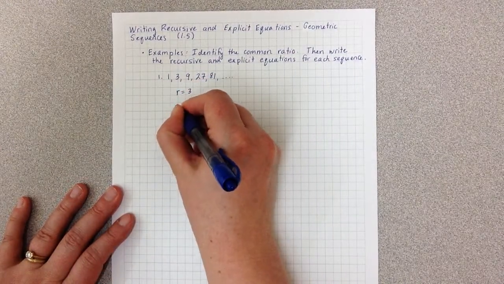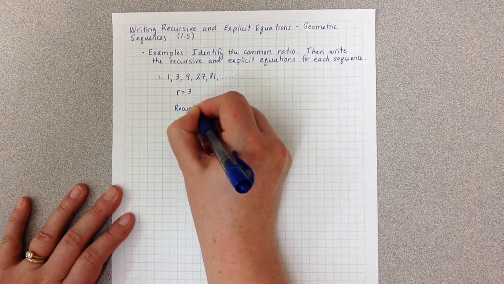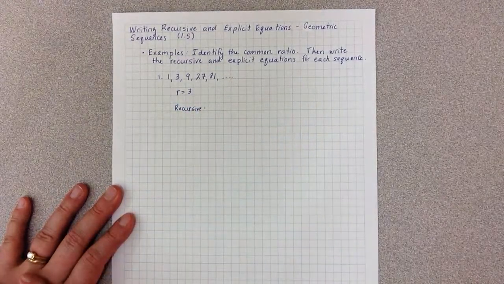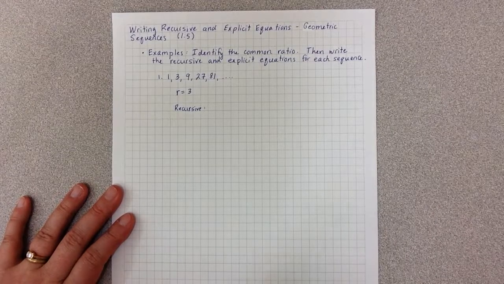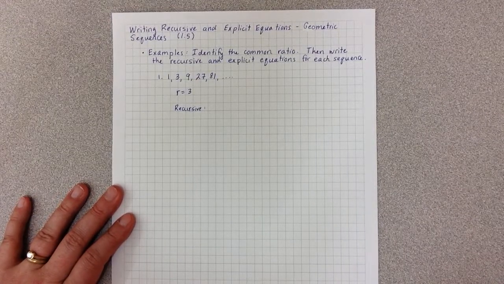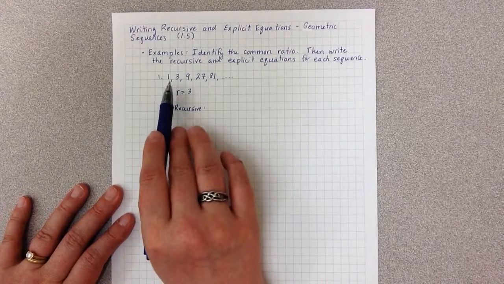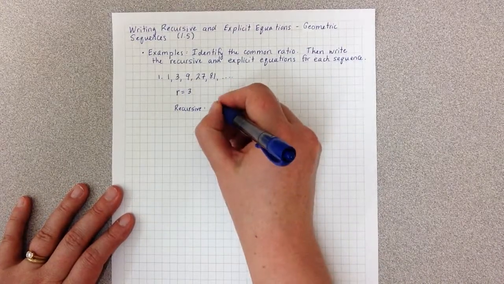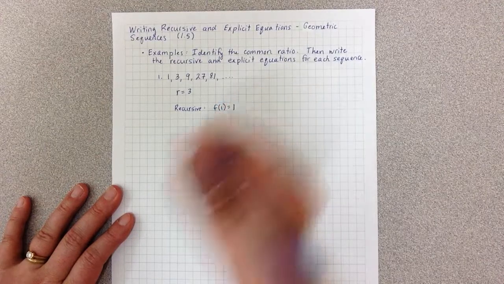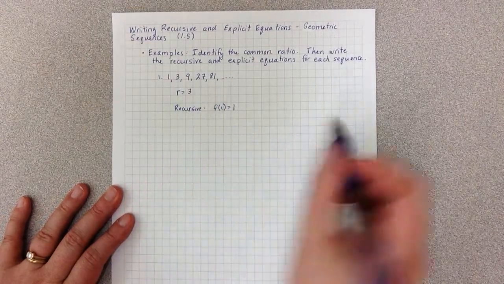We're going to do the recursive first. Again, the recursive looks new and unfamiliar, but it's actually the way you think in your brain about these problems. You think, I'm starting at 1, and I'm multiplying by 3 each time.